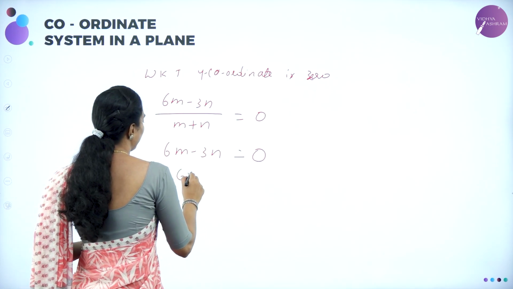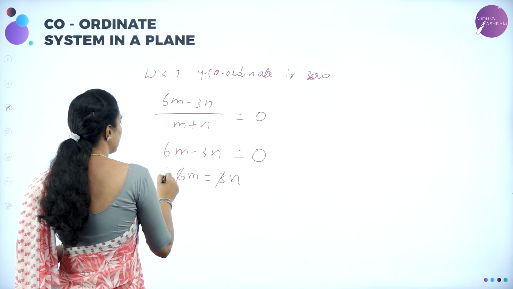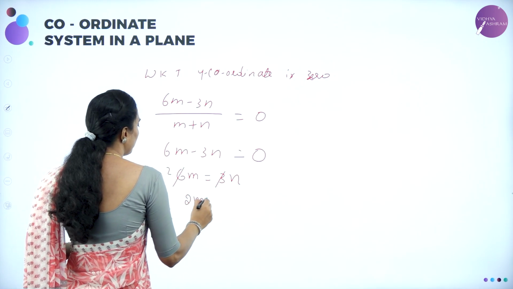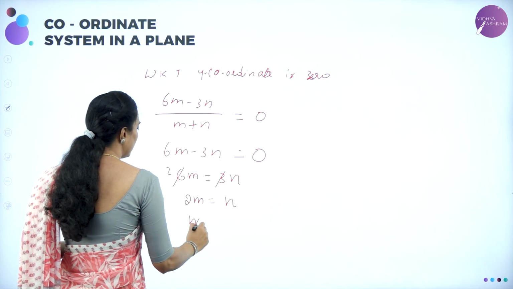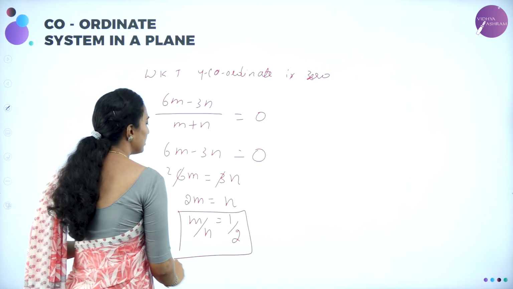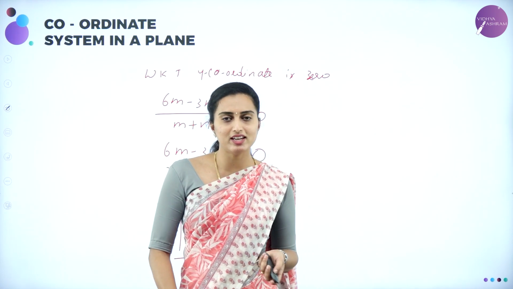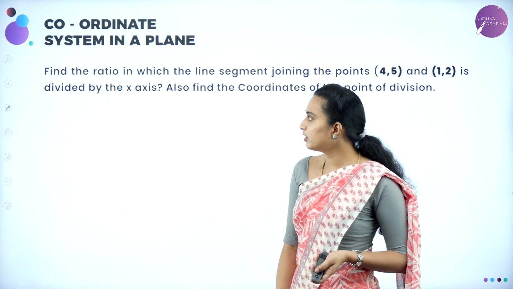So 6m is equal to 3n. Cancelling 3, 3 ones are 3, 3 twos are 6, so 2m is equal to n, or m by n is equal to 1 by 2. That is your answer: m is to n is 1 is to 2. That's it. So we'll move on to the next.